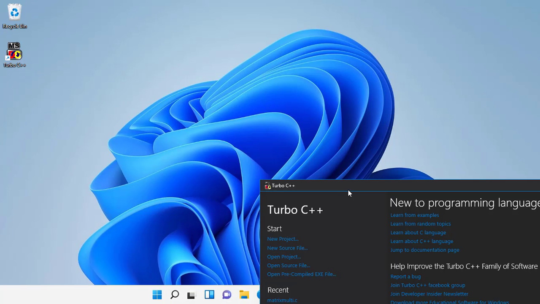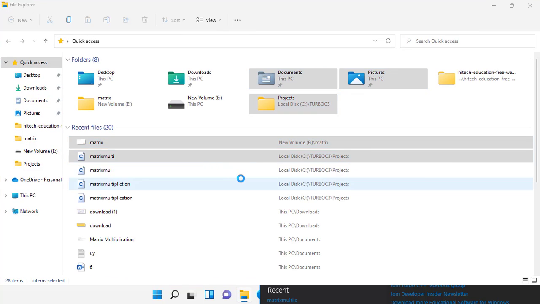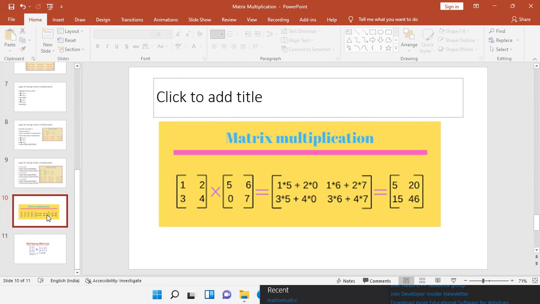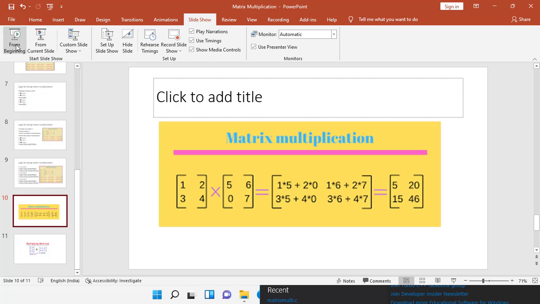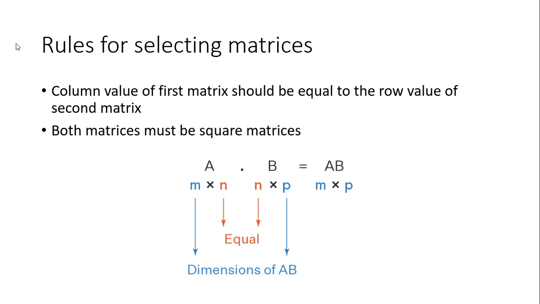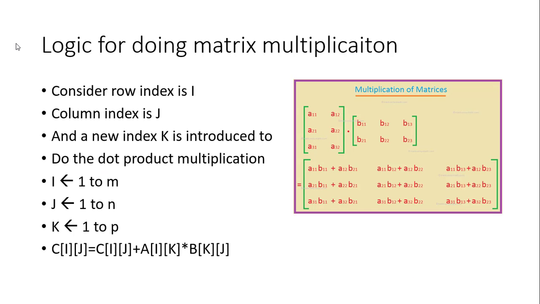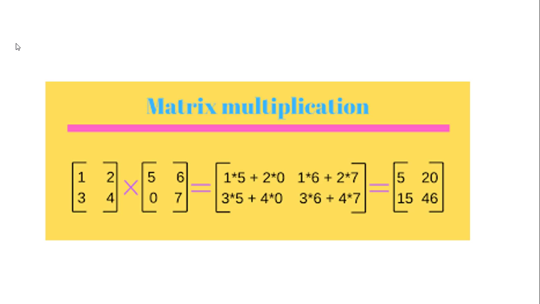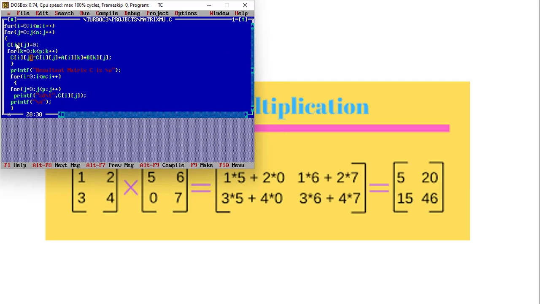See there, just a minute. See on the screen. So now we'll give these elements as input matrices and we'll see what we get as the result. Okay, so now the elements that we are going to give are 1 2 3 4 for matrix A and 5 6 0 7 for matrix B. Just a minute.